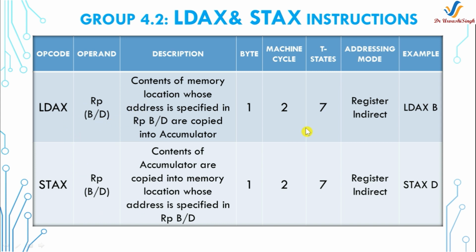Total T states will be 7 and register indirect addressing mode is used because the address is indirectly given in the register pair B or D. Similarly for STAX, 7 T states are required and register indirect addressing technique is used. In this case, the second machine cycle will be memory write for writing the contents of the accumulator into the memory location.